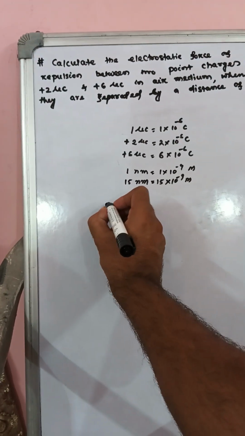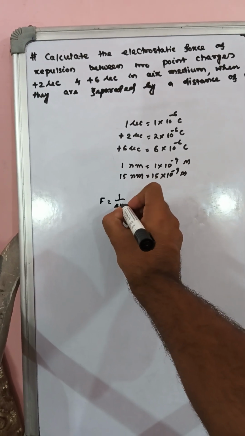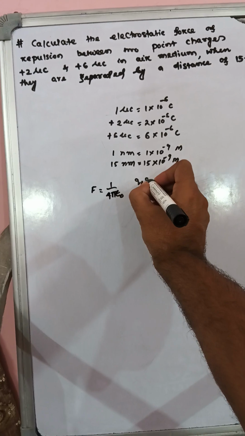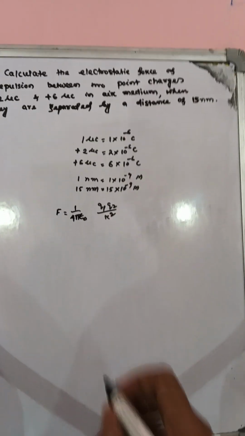Then we put these values in the formula: force is equal to 1 by 4 pi epsilon naught into Q1 Q2 divided by R square.